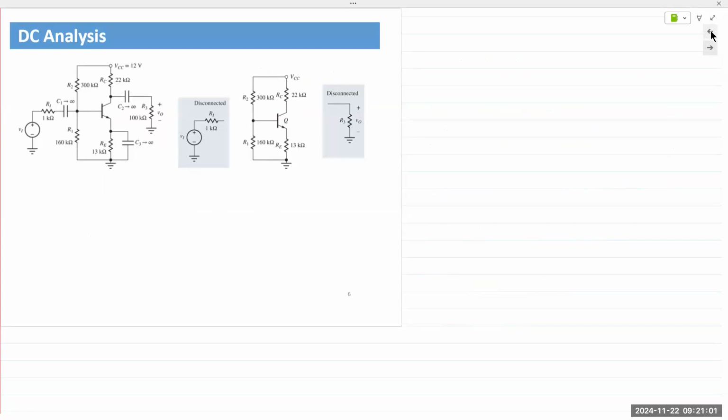DC analysis, you basically replace all capacitors and all inductors with their DC steady state equivalents.